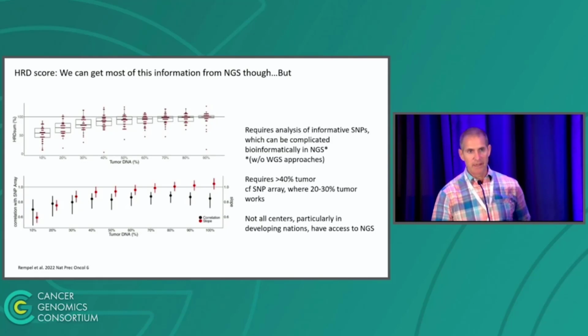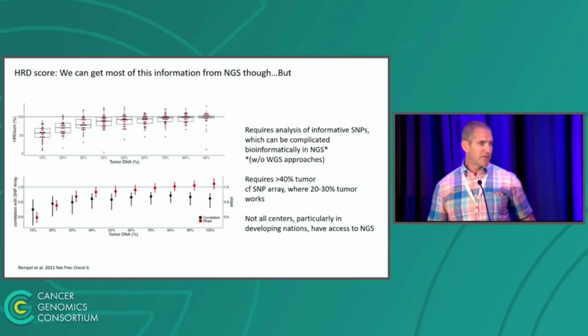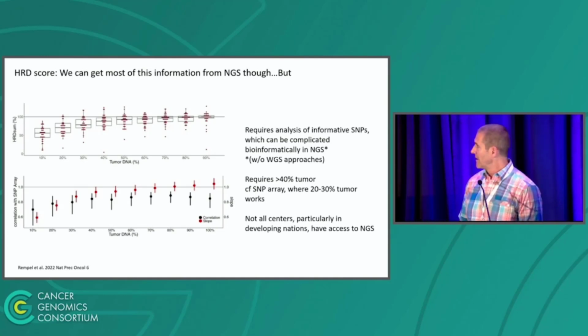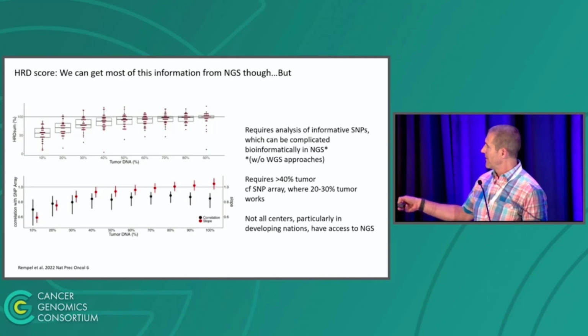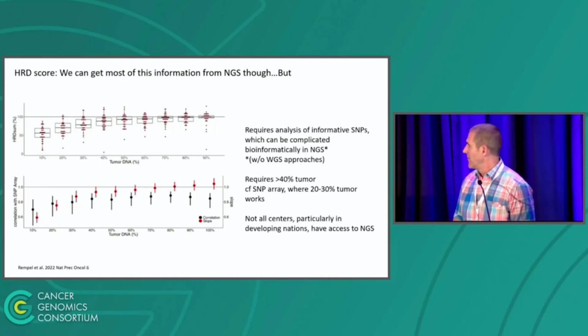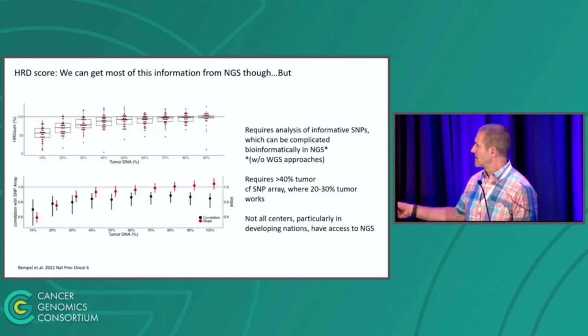And unfortunately, unless you're doing whole genome sequencing, you're generally not sequencing the non-informative SNPs, which in our case are really the informative ones. And so this is just a recent report showing the correlation between NGS and SNPs when we're trying to address LOH.